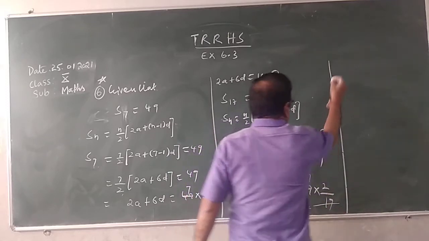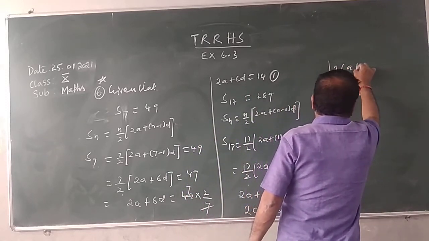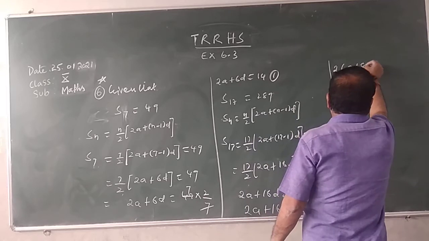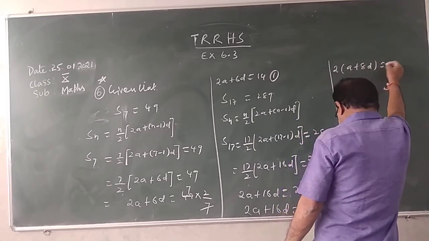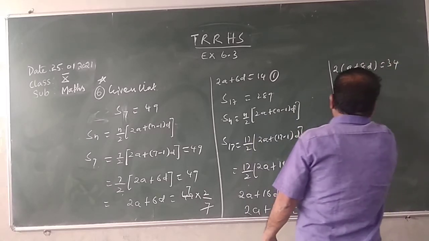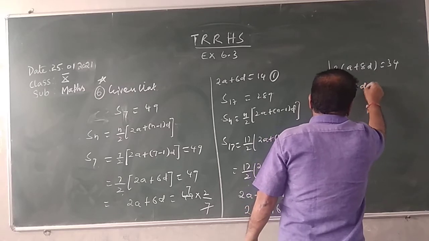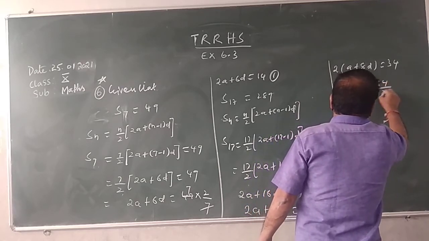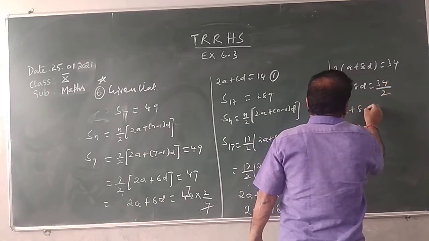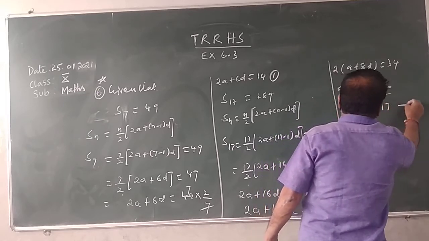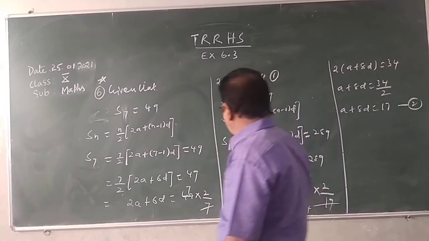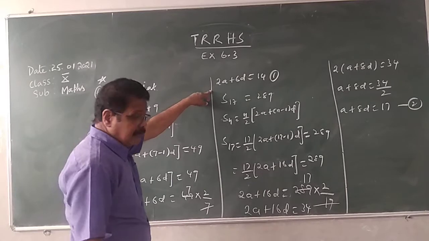Take 2 common: a plus 8d is equal to 34 by 2, so a plus 8d is equal to 17. This is the second equation.